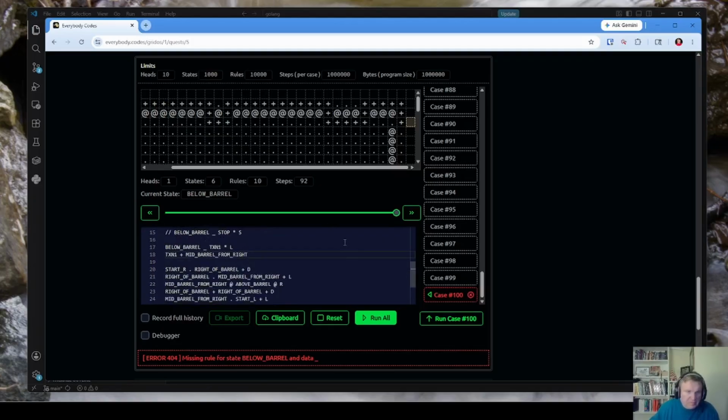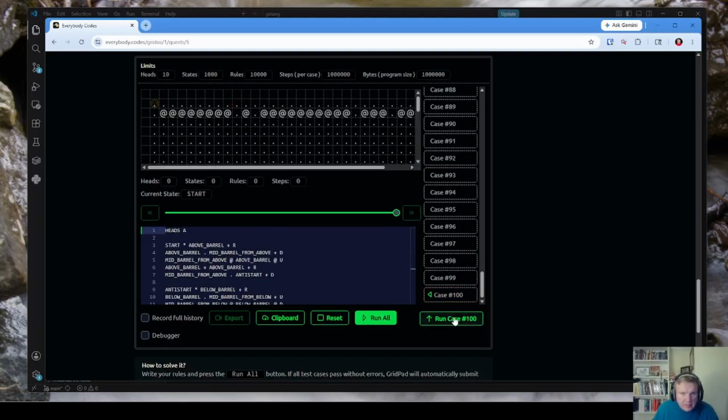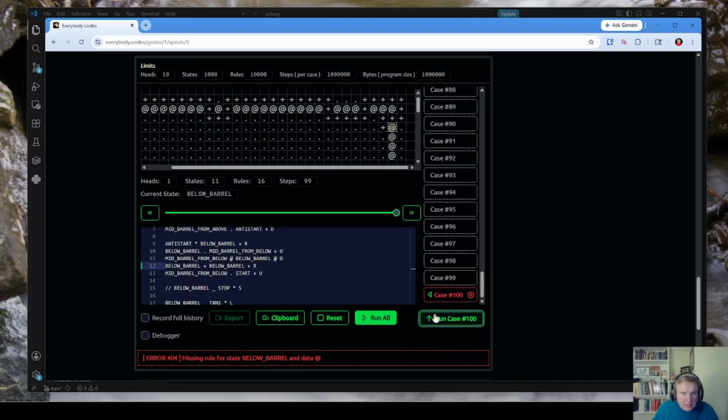Mid barrel from right plus mid barrel from right, below barrel and data app.